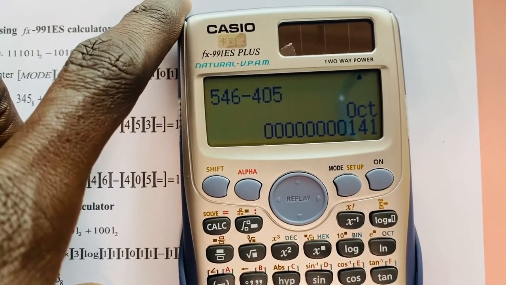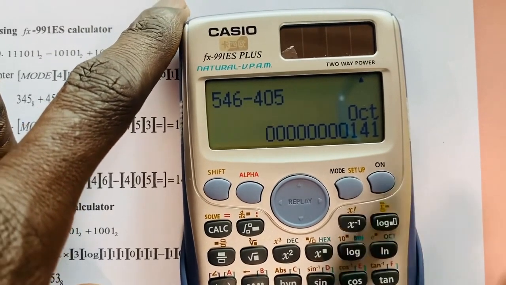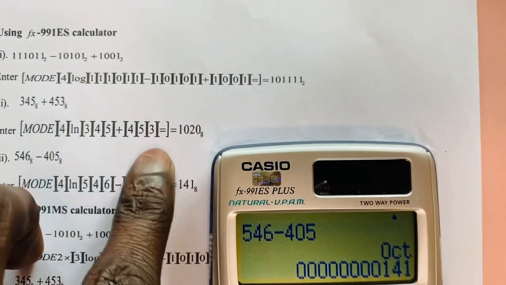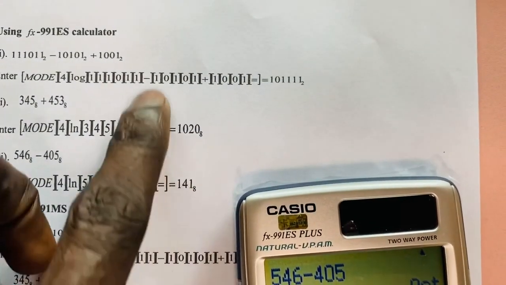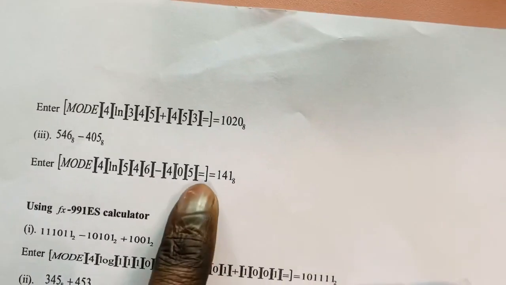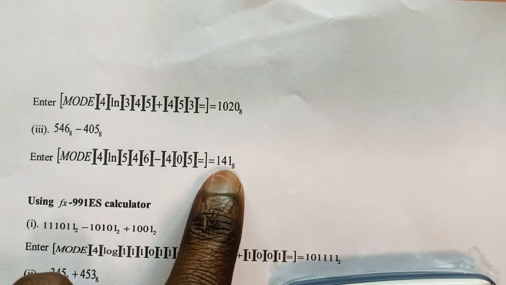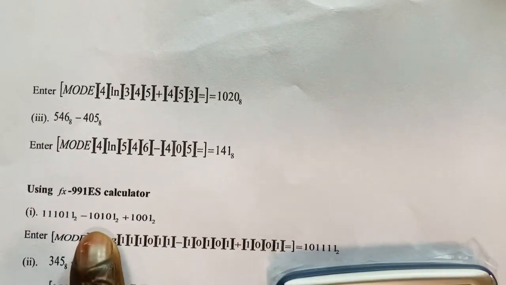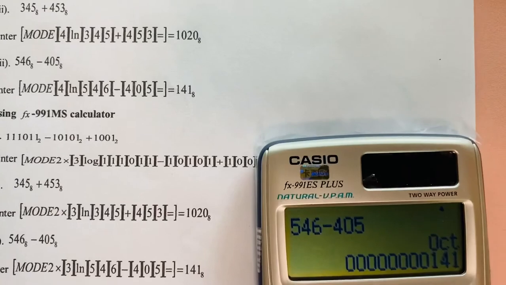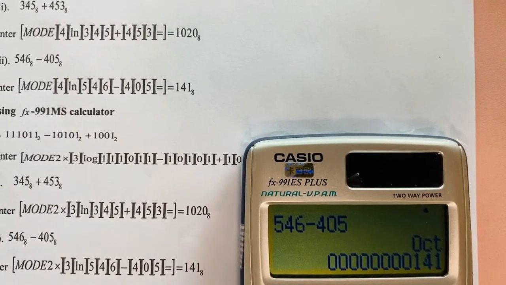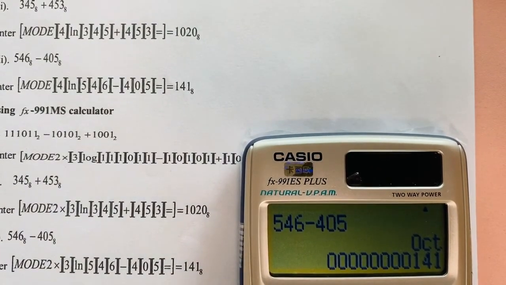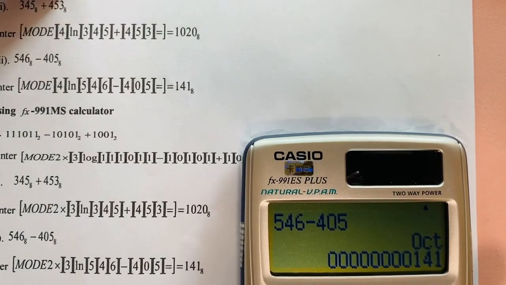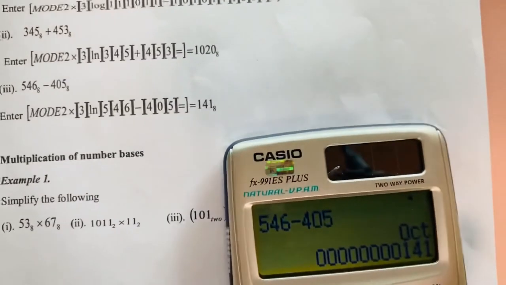It's as quick as that. Now on the MS, as I told you, you press mode 2 times and select 3, and the rest is the same as the ES Plus.